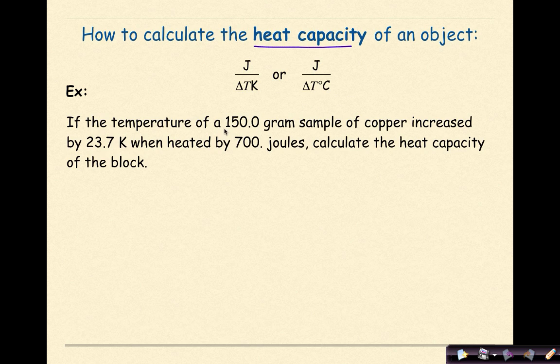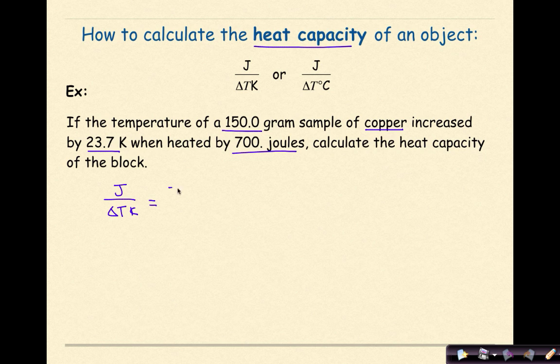If the temperature of a 150.0 gram sample of copper increased by 23.7 Kelvin when heated by 700 joules, calculate the heat capacity of the block. So in this case, I'm dealing with Kelvin, so I'm going to be using joules over temperature change in Kelvin. So I'm just going to plug my numbers in here.